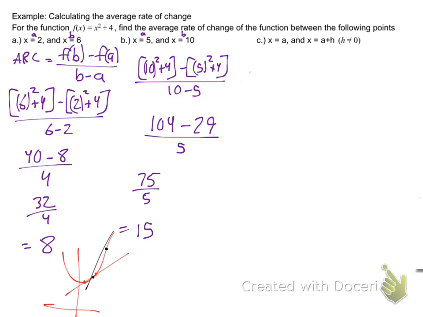As the parabola gets further and further away from the middle, any secant line there would have a steeper slope. And if I start getting over here, it's going to get more vertical and more vertical and more vertical.